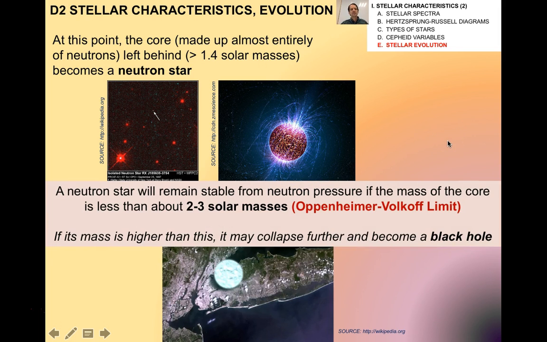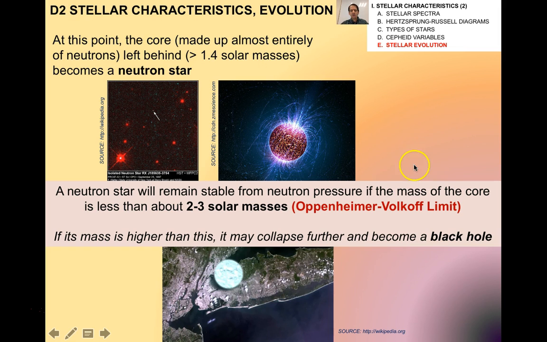Now, a neutron star will remain stable from neutron pressure as opposed to electron degeneracy pressure if the mass of the core is less than about 2 or 3 solar masses, all right? And this is referred to as the Oppenheimer-Volkoff limit, which you need to qualitatively understand and know in the IB. If its mass is higher than this, it may further collapse and become a black hole.